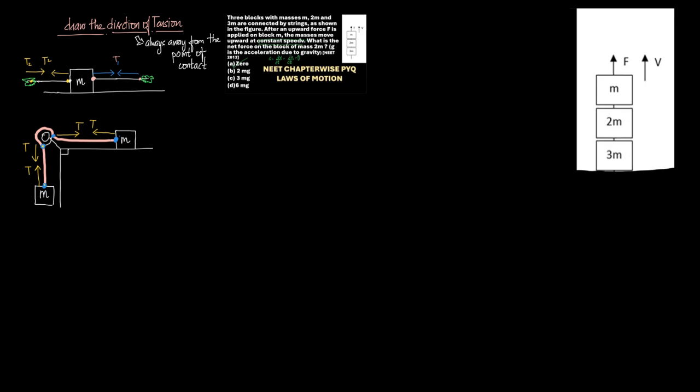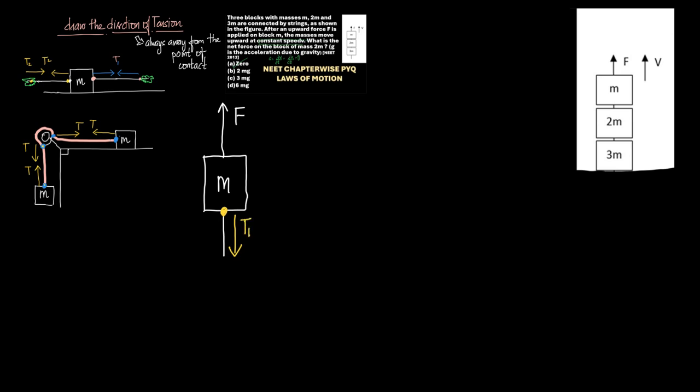Now let us draw the blocks individually. That is what I'm trying to cover here, to make sure that you are able to solve any question using this concept. So the force F acts here, and between m and 2m there is one connection. Since only F is acting here, there's only force F. But there is a point of contact between string and the block, which means there would be tension acting downwards. That I'll write as T1.